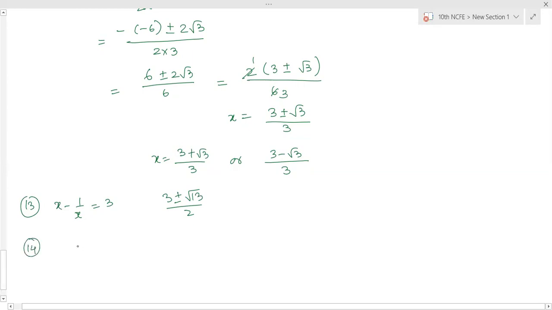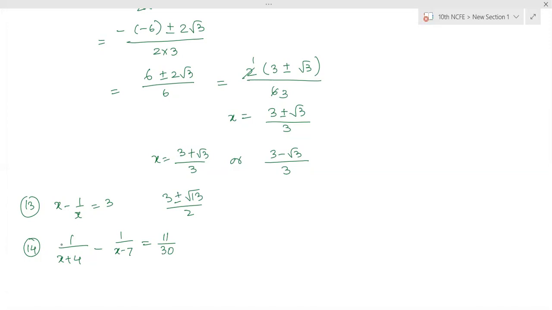14th one. This is also an NCERT question. 1 by x plus 4 minus 1 by x minus 7 is equal to 11 by 30. This same question was asked this year, but there was a printing mistake on the English side, so it became very complicated.